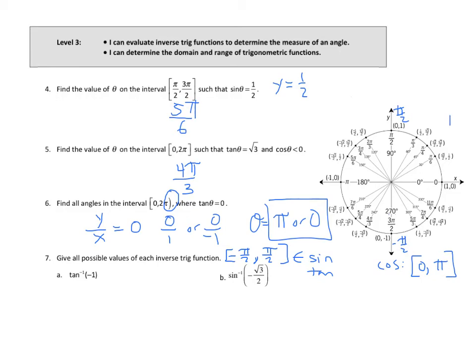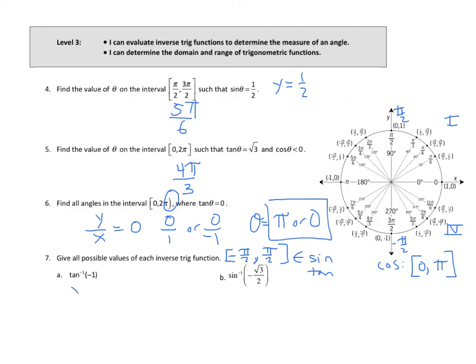Quadrants 1 and 4. But we have to think of quadrant 4 in terms of negative angles. And so tangent inverse of -1, we want to figure out where on this interval we get a value of -1 for tangent.